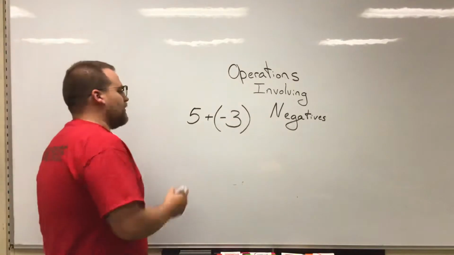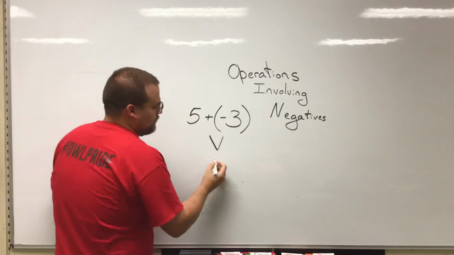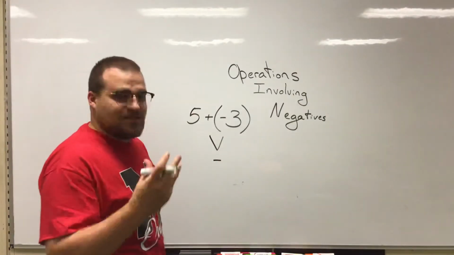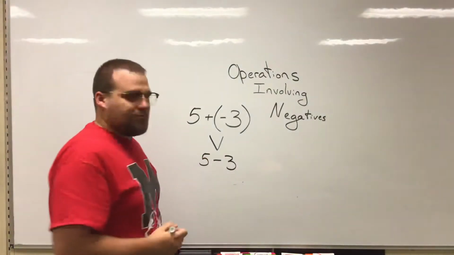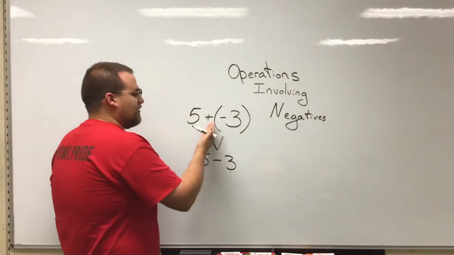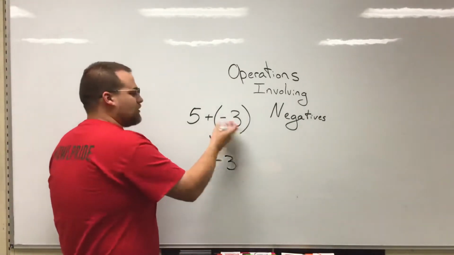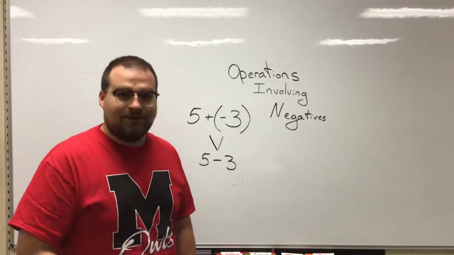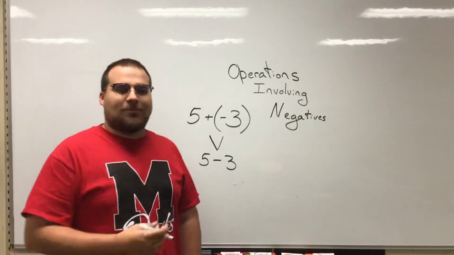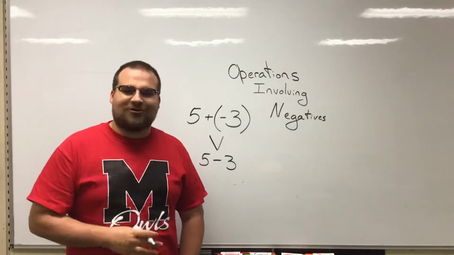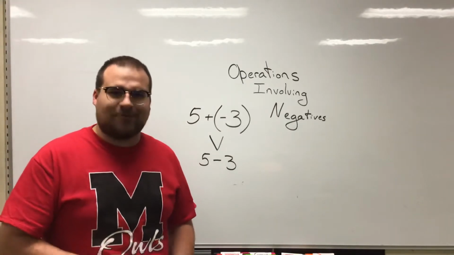So here's the deal. If we are adding a negative, this ultimately turns into subtraction. This is the exact same thing as saying 5 minus 3, because what we're adding to the 5 is actually 3 that we're kind of taking away. It's kind of like, whenever I had a birthday and my dad was like, you're no longer on your phone plan, so here's this phone that you're going to have to pay $45 a month for.